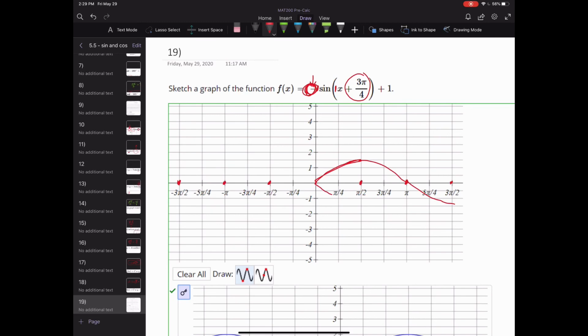I had to go down 1, then through there, and then through that way. So I'm going to erase this. Now, the reason I'm not drawing the whole thing is because I still have to shift it. What I'm going to do is shift it to the left first, right? 3 pi over 4 units. So that means this point really moves over there.